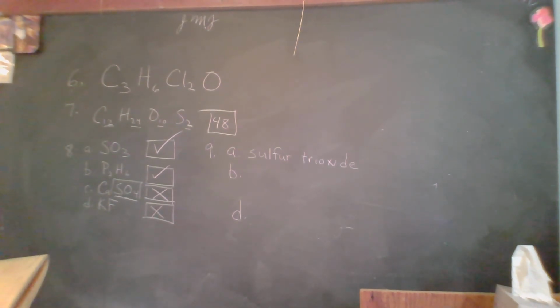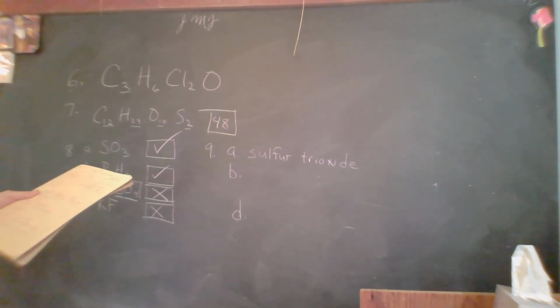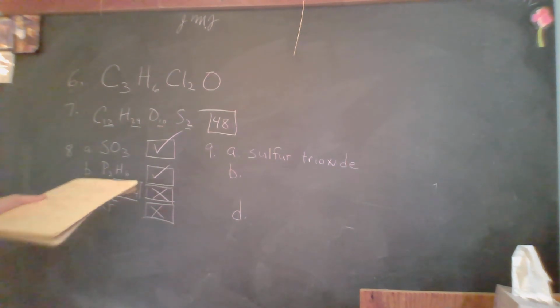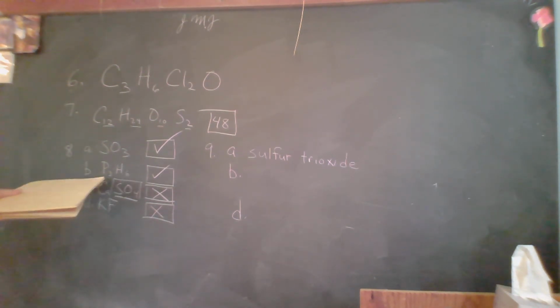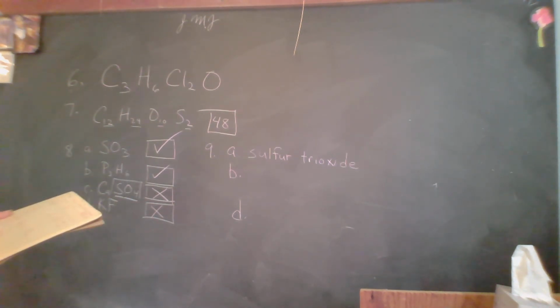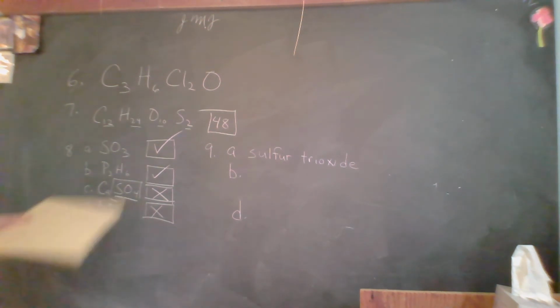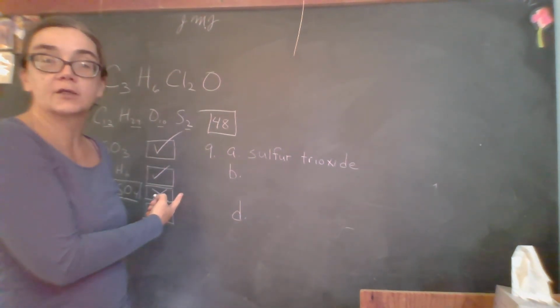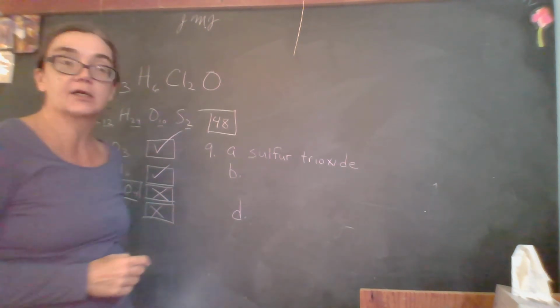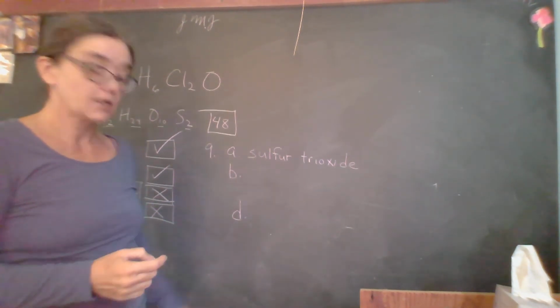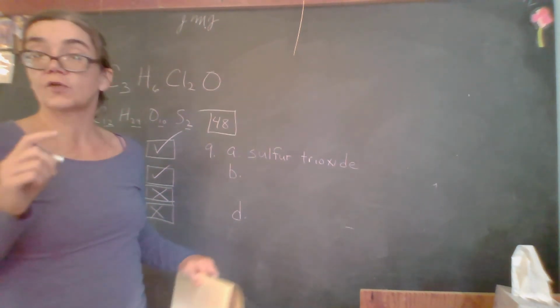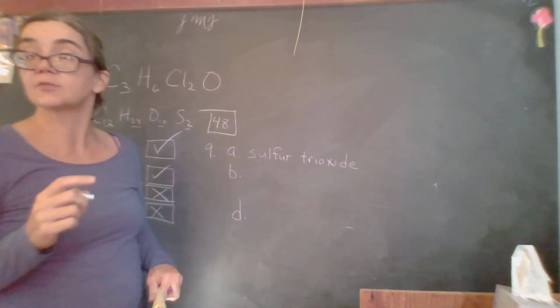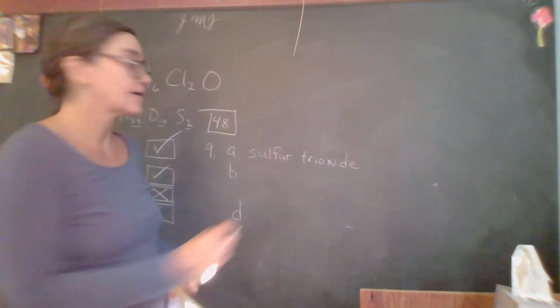Letter B. That's P2H6. It's not potassium. Potassium is K, so we're naming letter B. This is covalent, so we have to use the nomenclature. There are two atoms of phosphorus, right? So it's diphosphorus hexahydride.